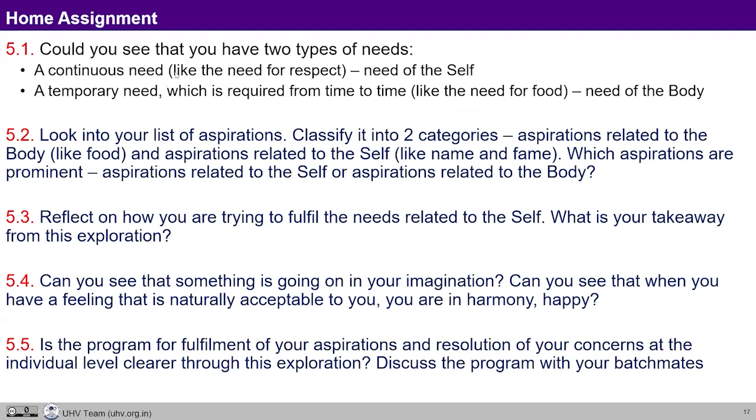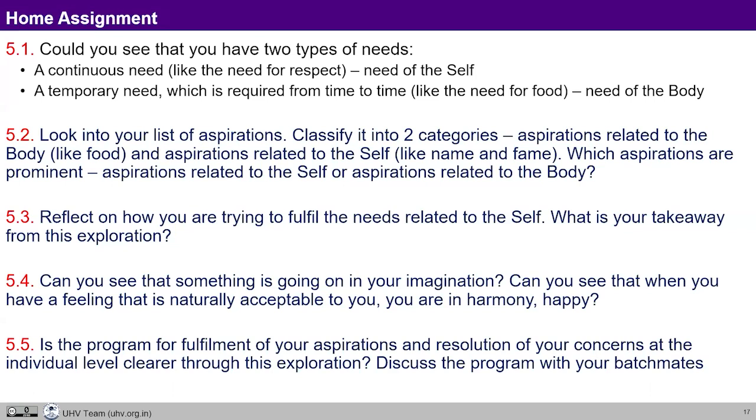So could you see that you have two types of needs, a continuous need and a temporary need, and look into that list of aspirations that you made and try to classify them into those two categories. Aspirations related to body like food and aspirations related to self like name and fame. Which aspirations are prominent? Aspirations related to the self or to the body?